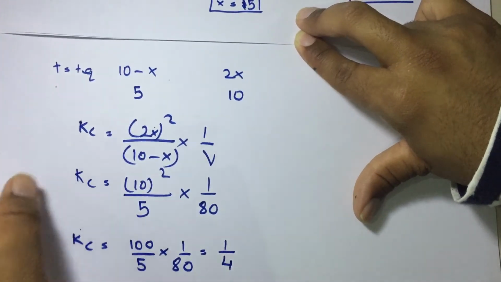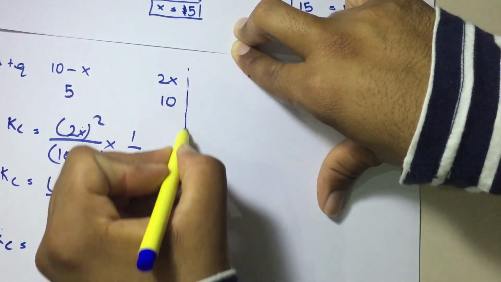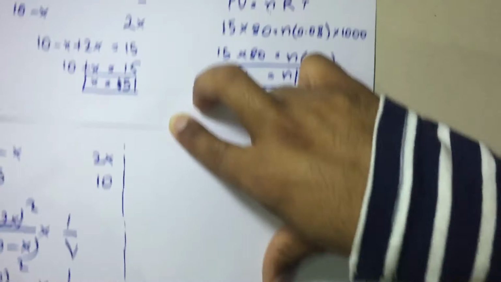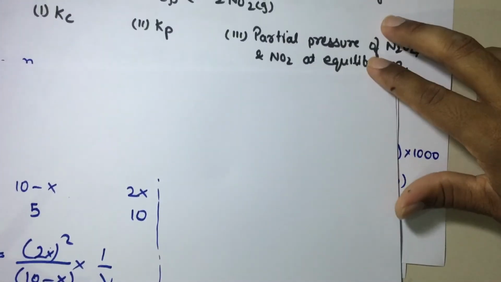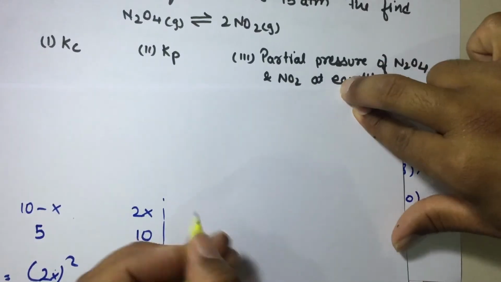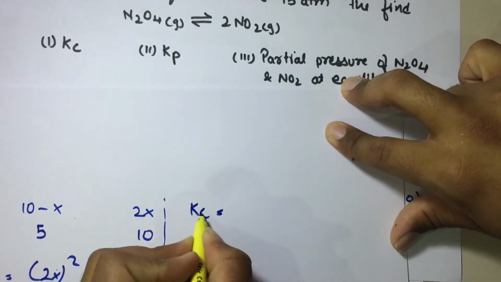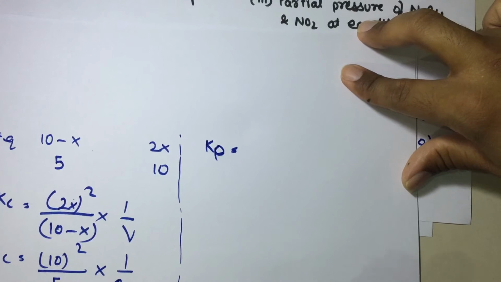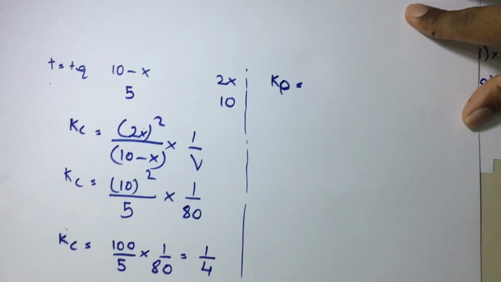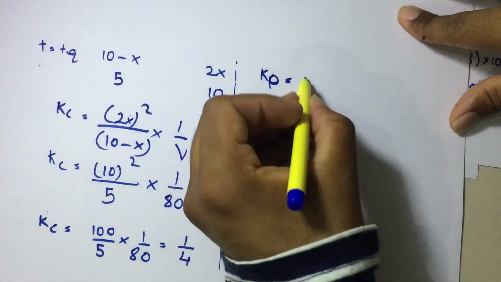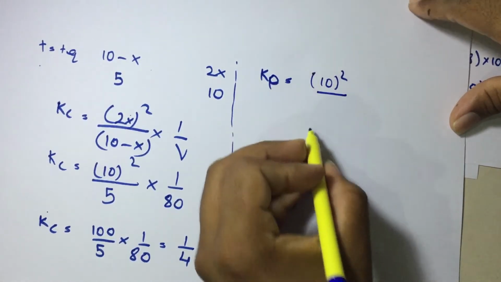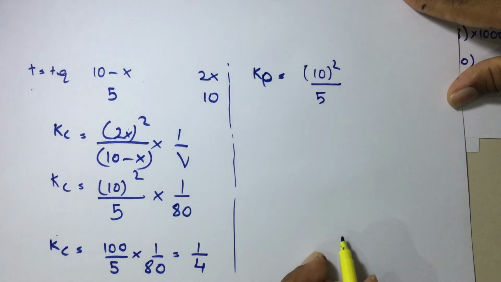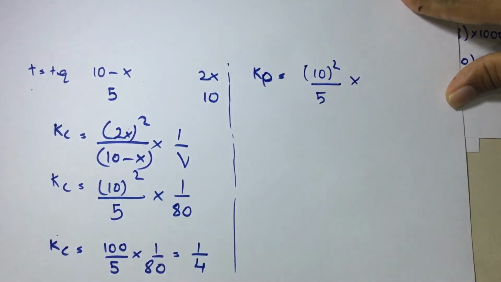Now we have to find Kp. We can also find Kp from this method only. For Kp, we write the number of moles, which is 10 to the power 2 divided by 5, multiplied by pressure.